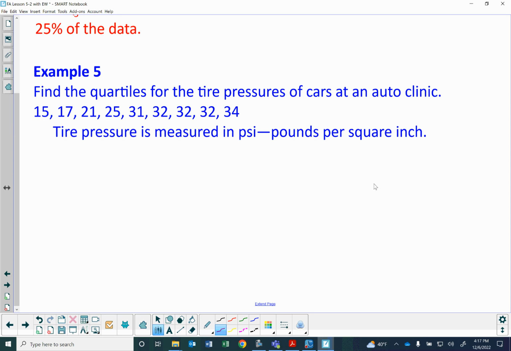Everything is based upon the median here, not the mean. We have 1, 2, 3, 4, 5, 6, 7, 8, 9 data points. So go count 4 from the front and 4 from the back, and you'll find that your median here is 31. My median is 31. This is important.